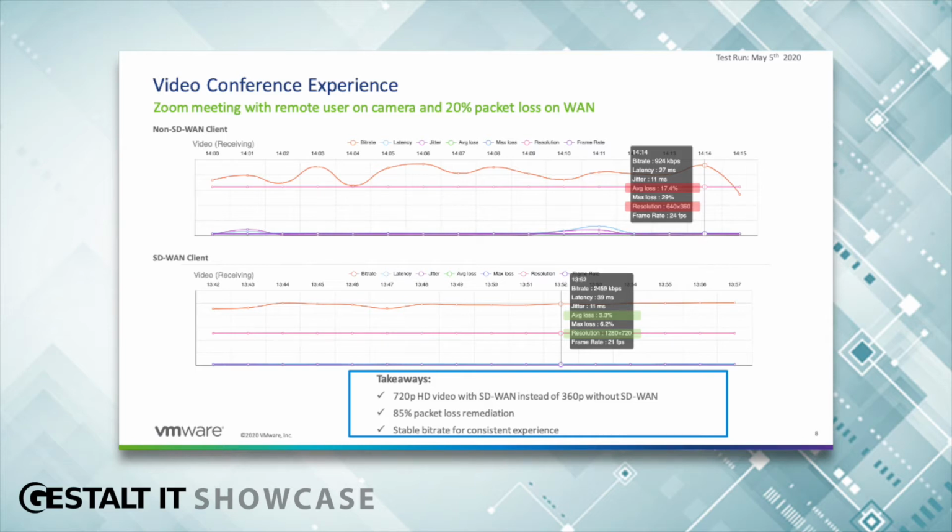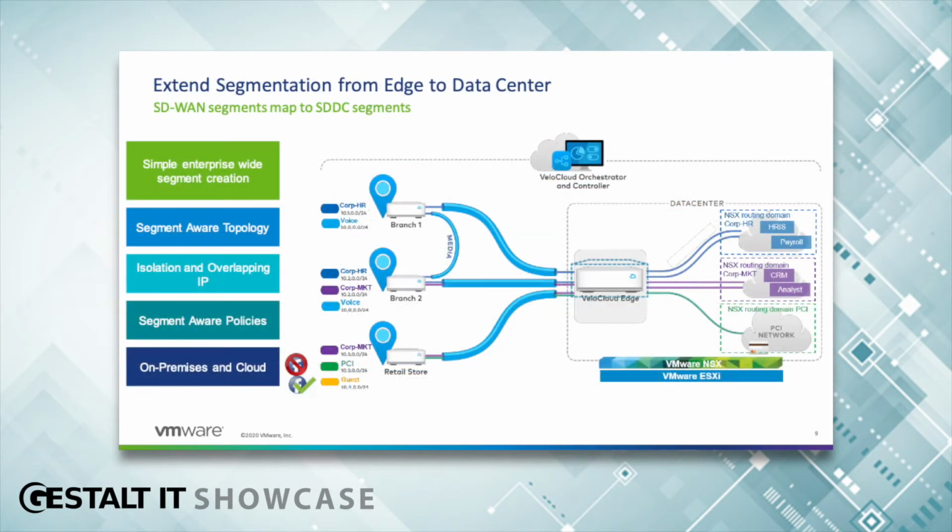So the next thing that I want to talk about with SD-WAN is segmentation. We talked about performance and ensuring IoT devices have optimal application performance. The other part of this is segmentation and microsegmentation, wherein the SD-WAN network has segmentation built in, as well as programmability, so everything is API driven.